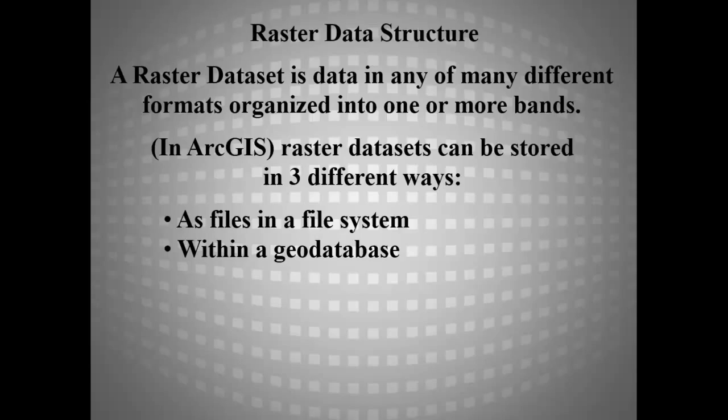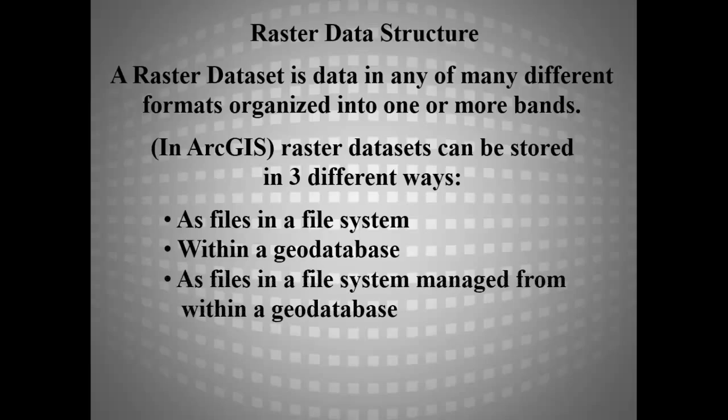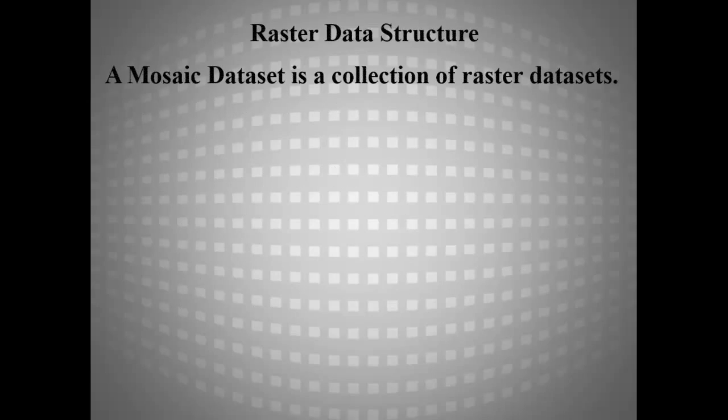But remember that rasters frequently take up a lot of storage space, and so you need to be careful with geodatabases and storing your rasters in the geodatabase. A third option is we can store the files in their own separate file system, and then we can have a geodatabase that has references or pointers to those files. So we can make a geodatabase which is like a directory of the files and where they are and what they are. We can work from the geodatabase and access the files that aren't actually stored in the geodatabase.